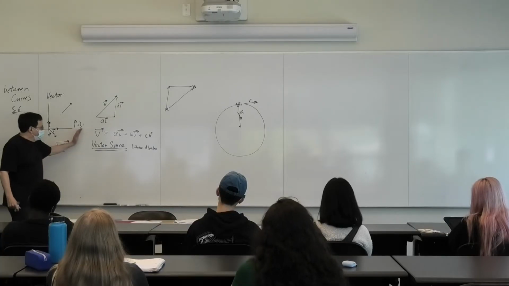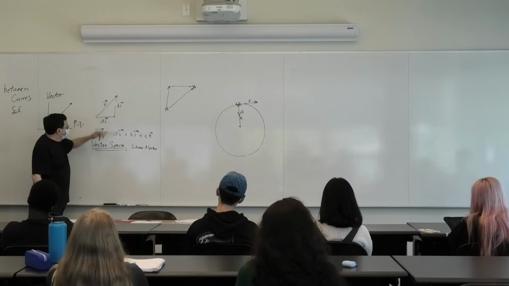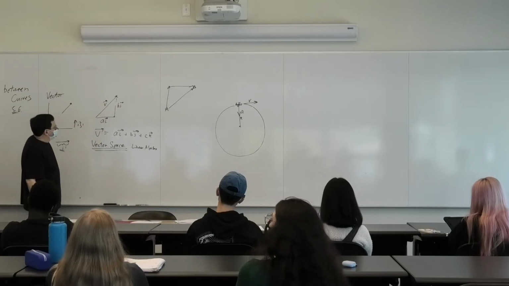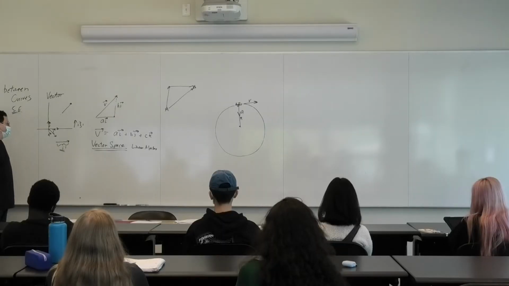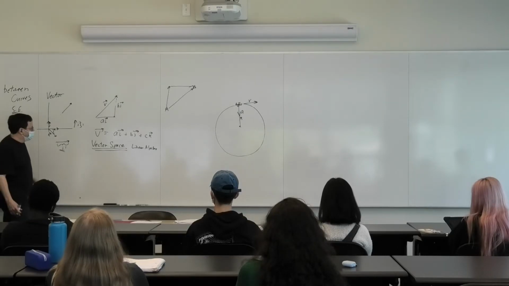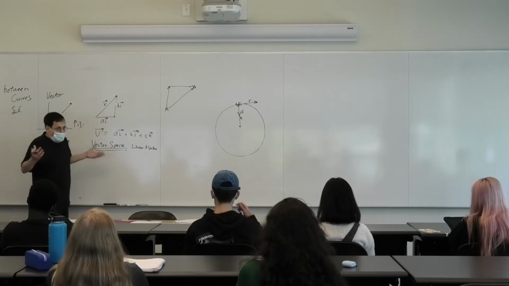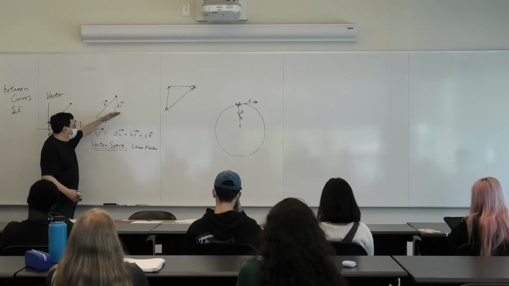But again, this idea is kind of cemented as pointing arrows. And to mathematicians, this is not the case. We told you what a vector is. It's this thing. We don't know what it is, but it's this thing that you can do these things with.